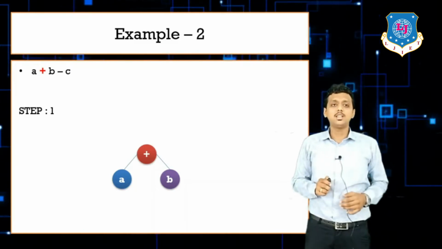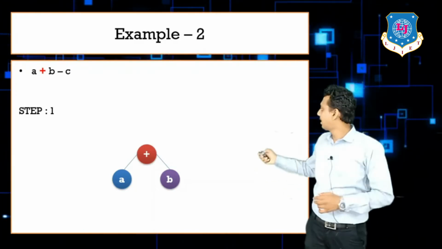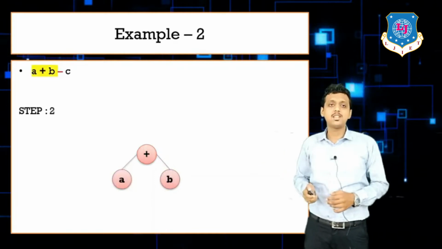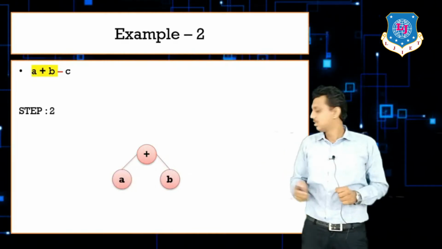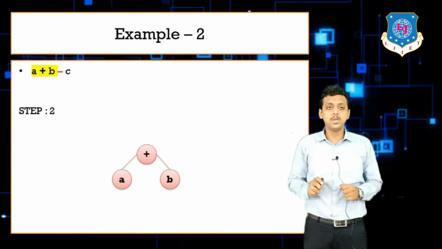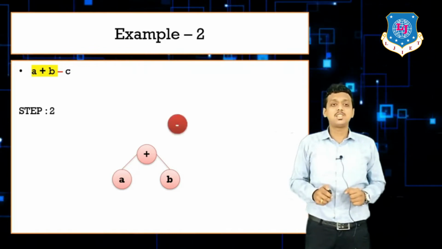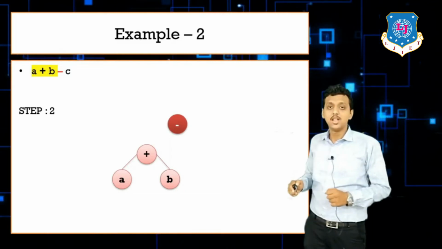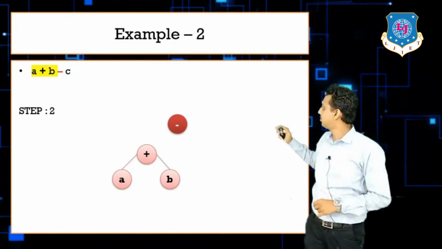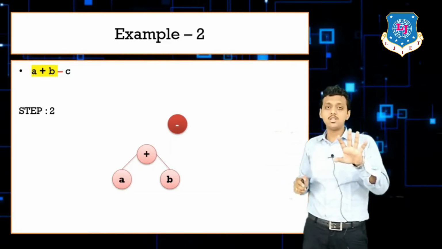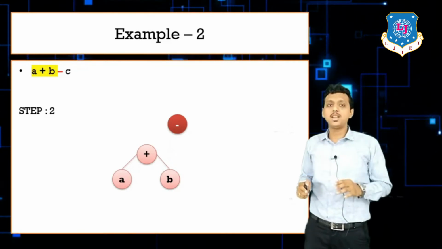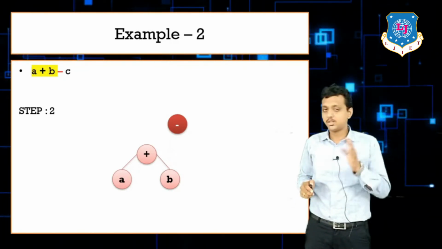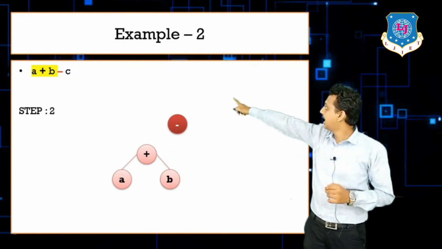Now what is remaining? See, a plus b is solved. I'm highlighting that term, that a plus b is successfully solved. So this is my answer for a plus b. Now what is remaining? We still have minus with us. So just put minus over there. Now tell me, students, on the left side of the minus we have what? On the left side of the minus we have a plus b.